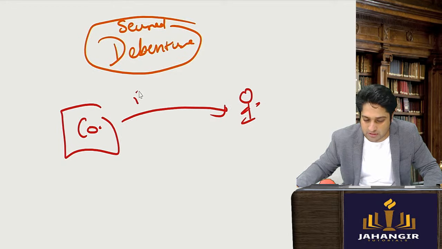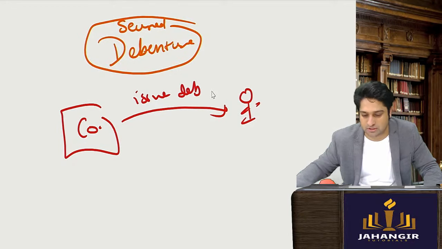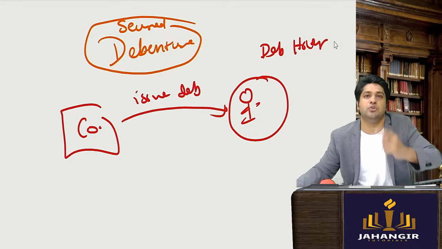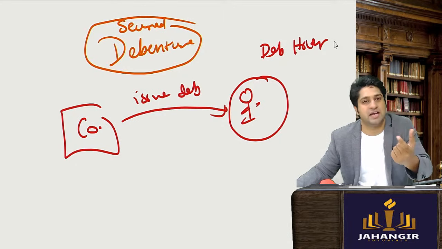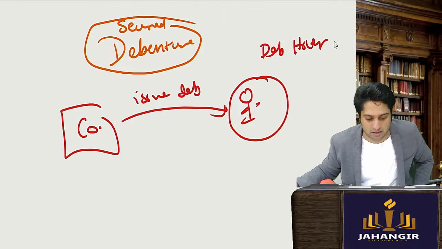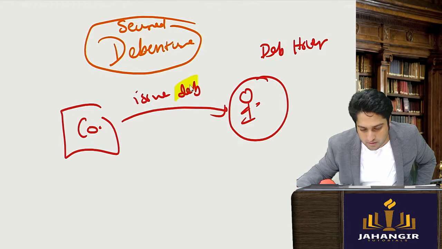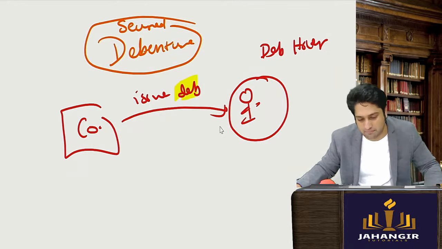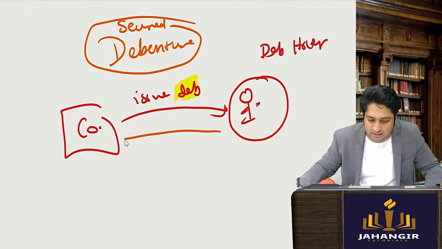The company issues debentures to these people, called debenture holders. Just like a share, you get a bond with a face value, and interest will be given regularly. The company issues debentures to them, and they then give funds to the company.